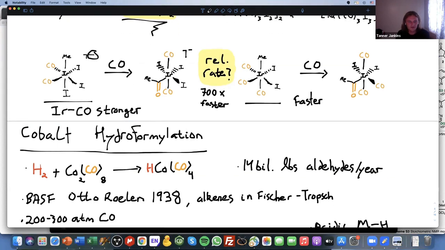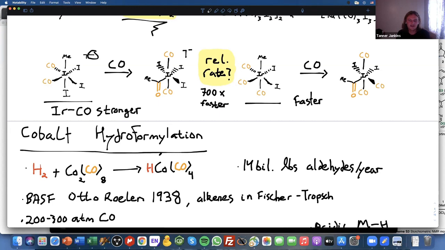So we'll start from, I guess, a historical perspective in the sense that the cobalt hydroformylation, i.e. the reaction of CO and alkene and hydrogen to produce an aldehyde, was discovered before its now ubiquitously used rhodium process.